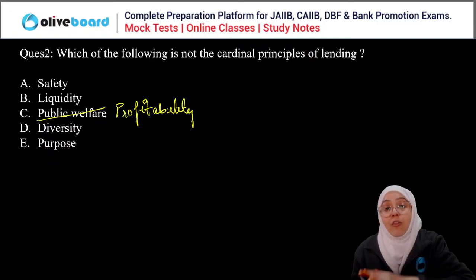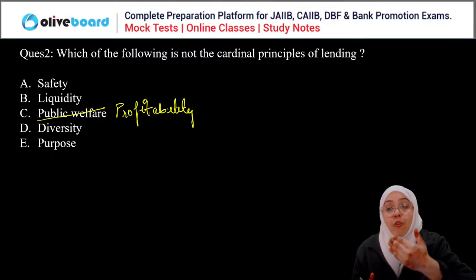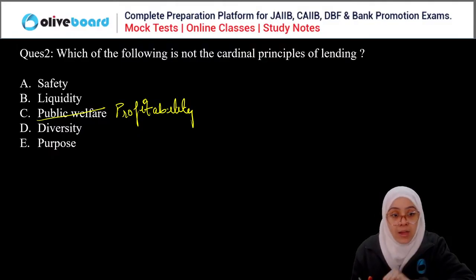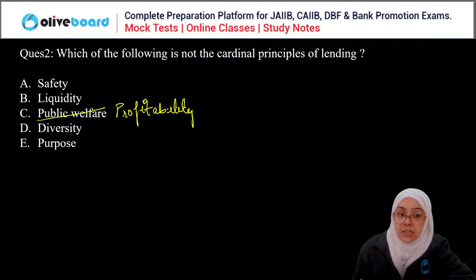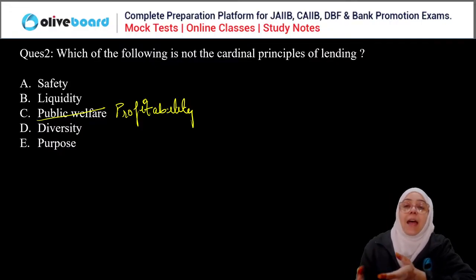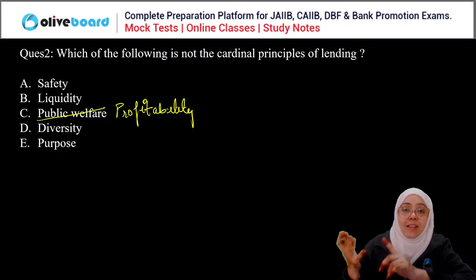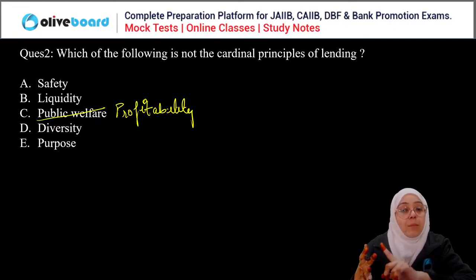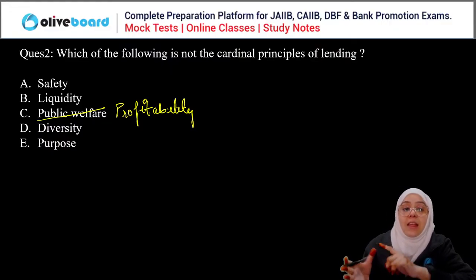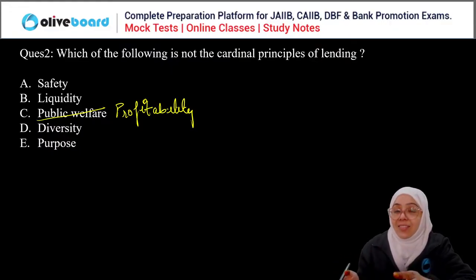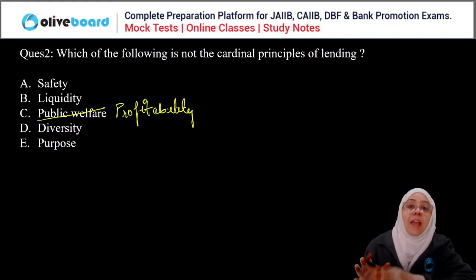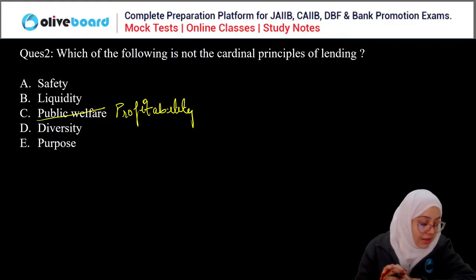We don't lend for public welfare. We lend for gaining profit, right? And so profitability. Diversification is very important, and purpose is very important. So these are the cardinal principles of lending: safety, liquidity, profitability, diversity, and purpose. Last is security, and under security we have 7 C's, right? Everyone, good?